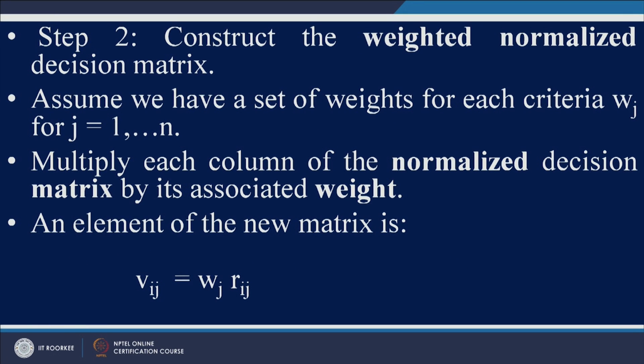Then after normalizing the matrix, you are supposed to multiply that particular matrix by its weightages, and the weightages would be given by experts. So, multiply each column of the normalized matrix by its associated weight.